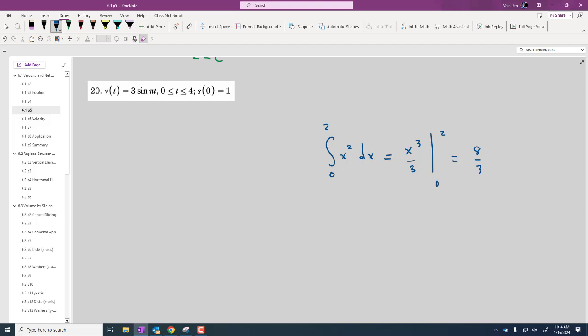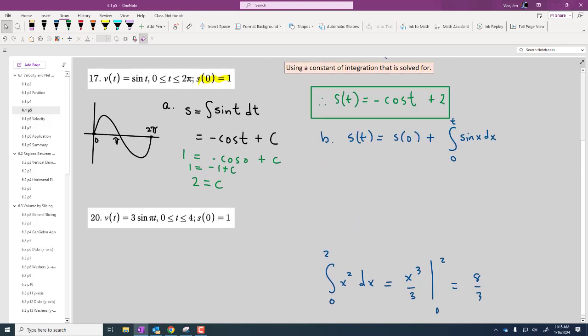Right? That dummy variable is just a placeholder to evaluate and get a number. This is a constant. That's not a function. I guess you could say it's a constant function, but there's no variable in it. That dummy variable is just there for a moment. It's a placeholder, so we can use whatever we want for that placeholder. x, gamma, whatever. Zeta.